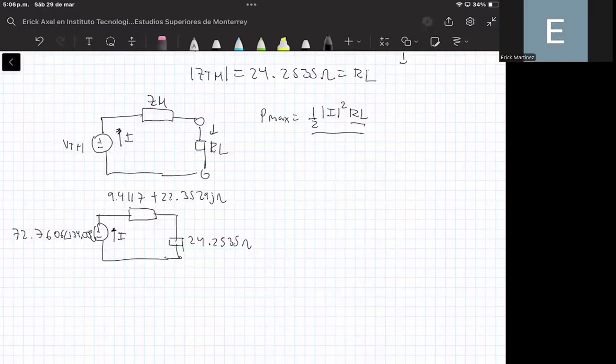Since this formula requires that we know the value of the current that flows through this resistor, we can apply Kirchhoff's voltage law to this loop.